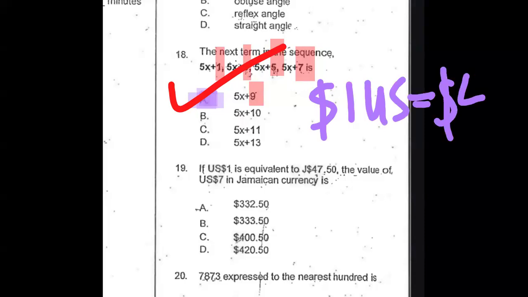All right. So what are we doing now? Oh, I like this. Okay. So what you're going to do here is similar to the stuff that I've done. So you have 1 US, which is equal to 47.50 Jamaican.